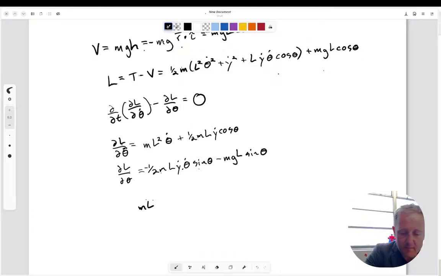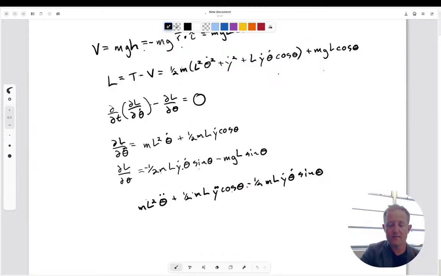So I end up with m L squared θ double dot plus a 1/2 m L ÿ times cosine of θ, and then minus a 1/2 m L ẏ θ̇ sine of θ, taking derivatives of those two terms there.